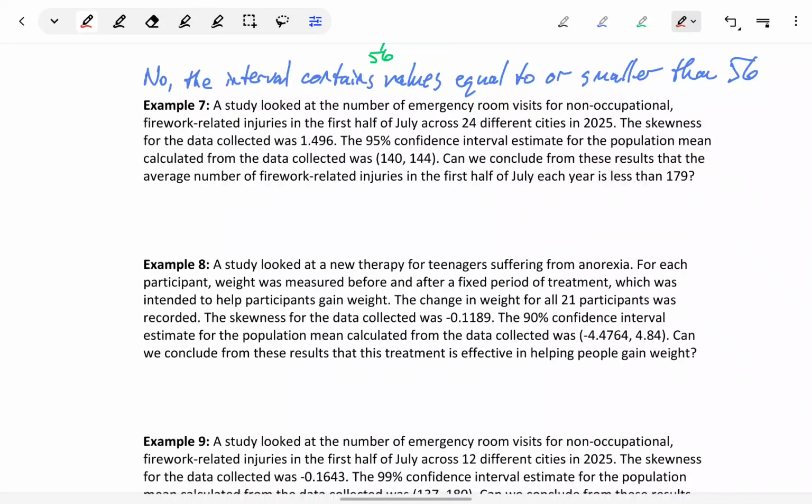In example 7, we have a case where we said the conditions were not met to estimate a population mean. So even though a population mean was calculated here, which is mathematically possible, we have to know that since the conditions are not met, we cannot draw any conclusions based off this information.